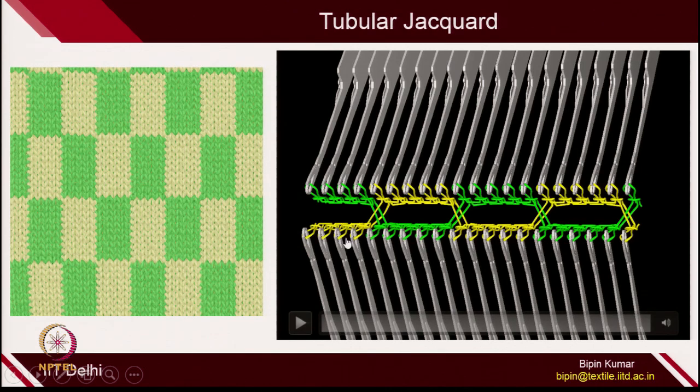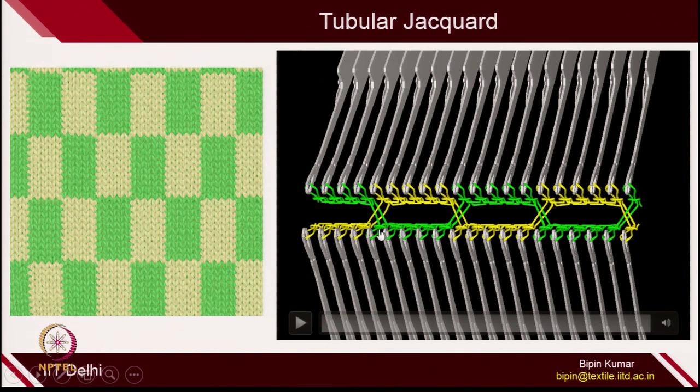If you reverse it, green will become yellow, yellow will become green, and this is shown here on the machine also. You are using both the beds, and on one side you are knitting yellow loops, and on the back side you are knitting green loops. At this location the loops from the green yarn are coming on the surface and loops from the yellow yarn are going on the back side of the surface, and then it is reversing.